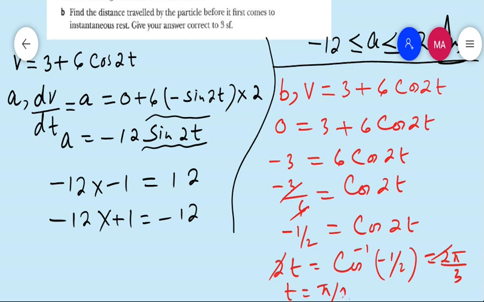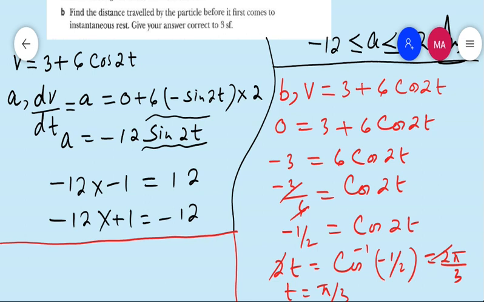In order to find the values of angle in the form of pi, your calculator must be in radian mode. Now what is the requirement of the question?